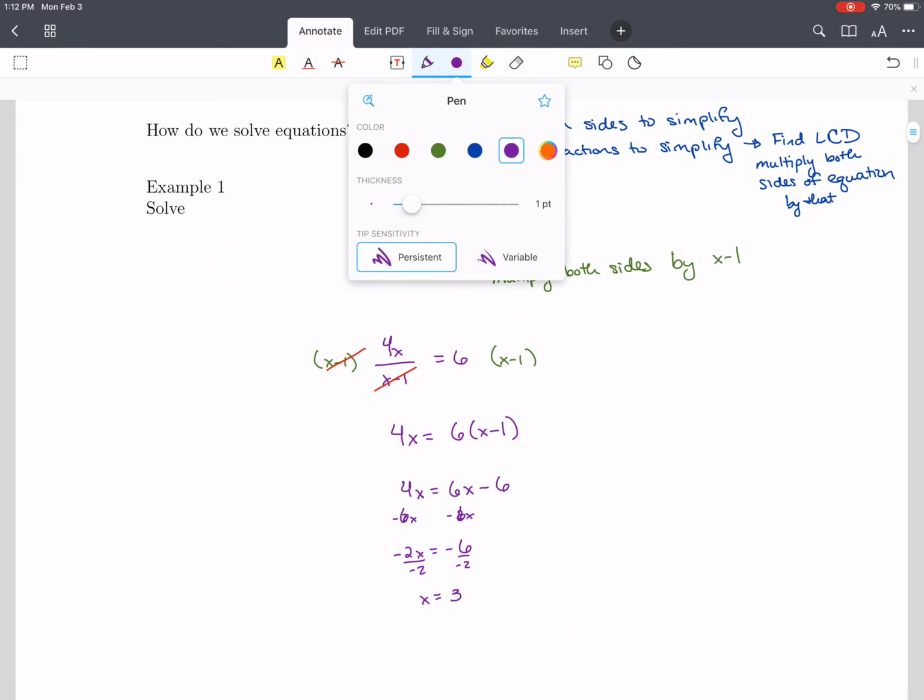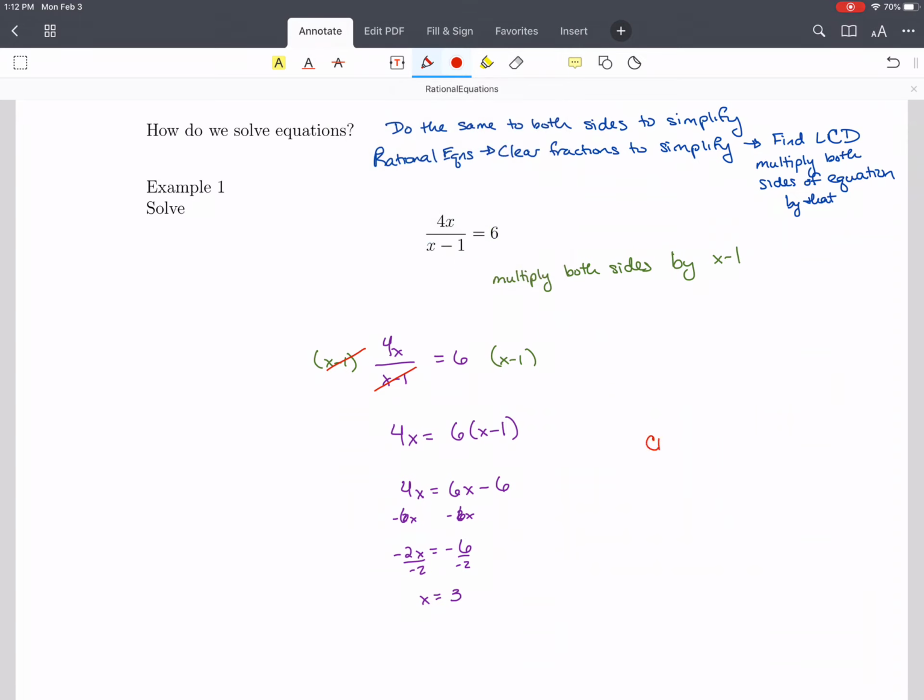I can check this answer just by plugging in my value and making sure it's a solution. So I'll plug in x equals 3 to check. If I plug in x equals 3 into the left side of the equation, I get 12 over 2 or 6.